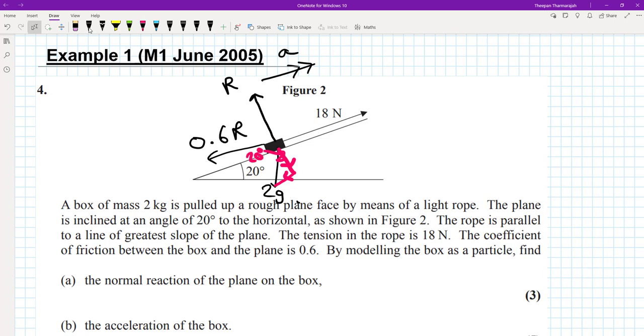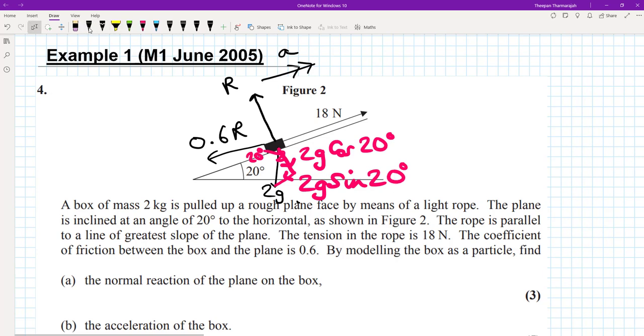The one that contains the angle is going to be 2g cos 20 degrees, and the one that contains no angle is 2g sine 20 degrees. That's how you resolve that force. The one that contains the angle is always cos, so 2g cos 20. The one without the angle is 2g sine 20. So now that we've got that, we can start resolving.